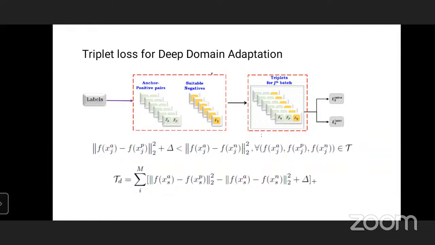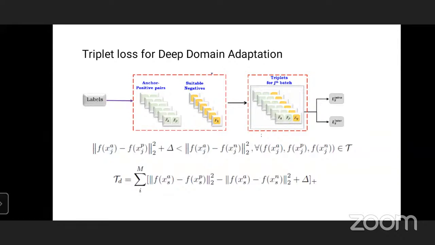The main concept is that we consider one anchor image. An image of the same object in the same domain as the anchor is considered a positive image. At the same time, an image of an object other than the mentioned one is considered a negative image. Based on these three values, we create our triplet loss.